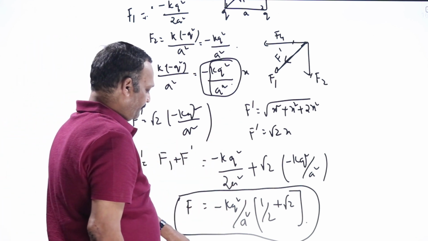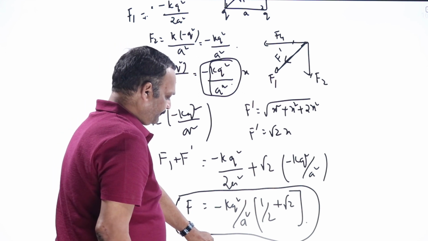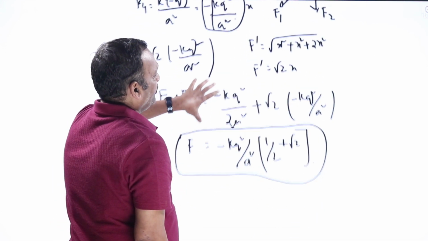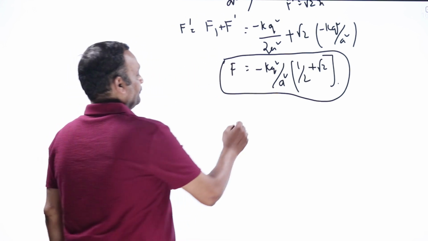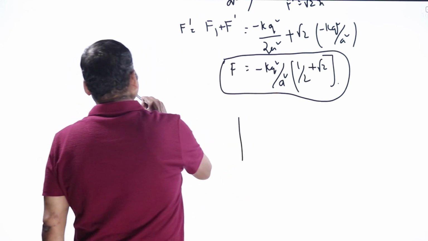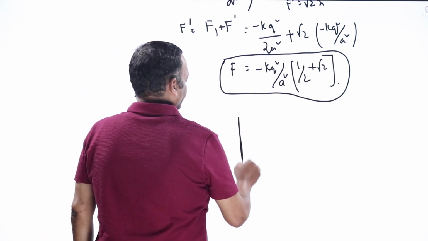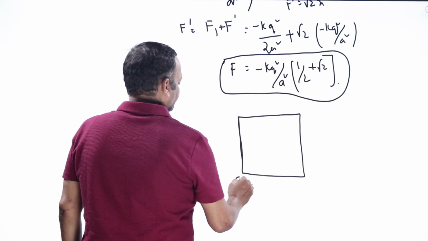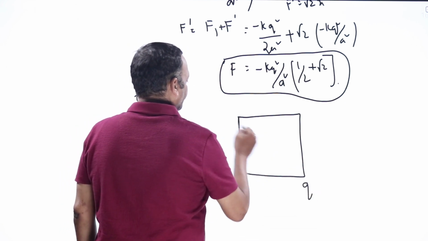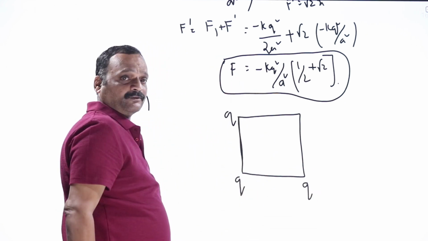I'll slightly modify the problem here. There is one square. This is our third problem, and you can take it as an exercise. There are three identical charges Q, Q and Q on three corners of a square.